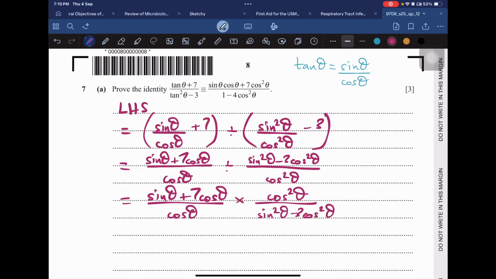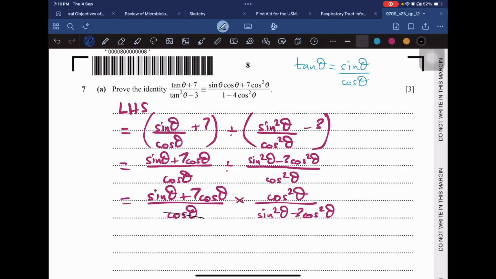All right. Now what can we do next? So we have sine square theta minus 3 cos square theta in the denominator, and sine theta plus 7 cos theta in the numerator. One thing we can do is cancel out these.